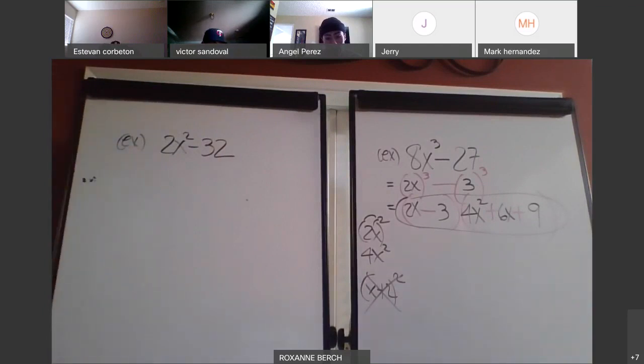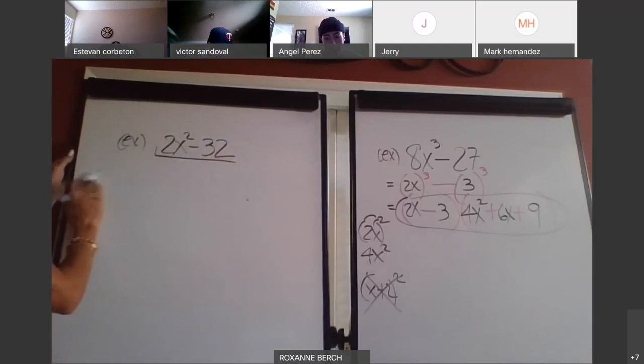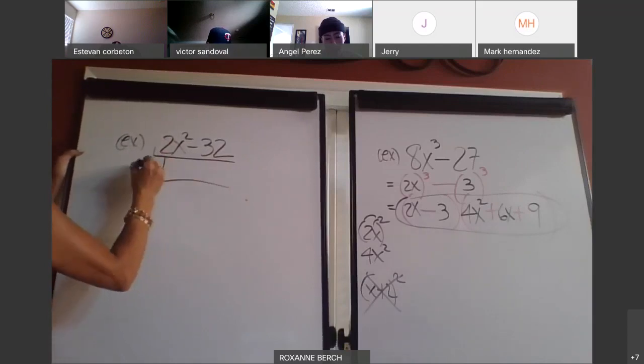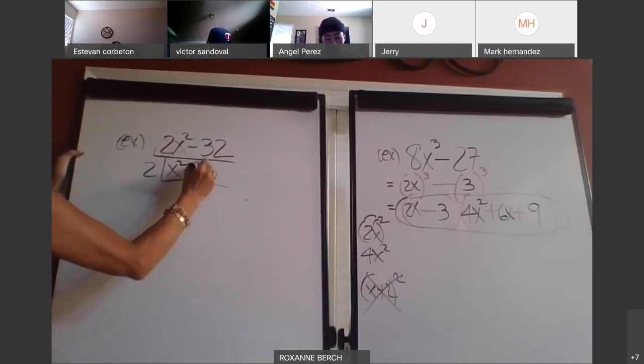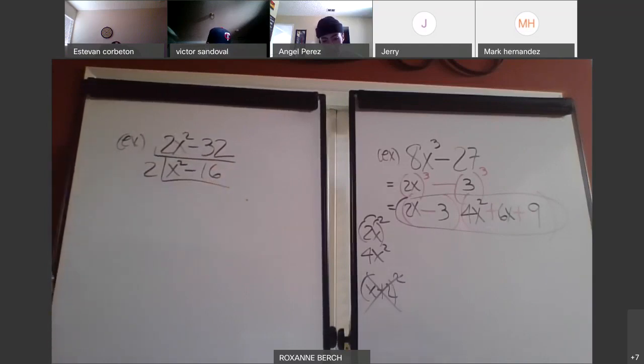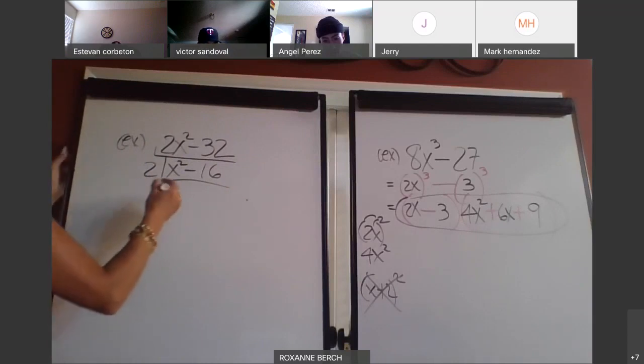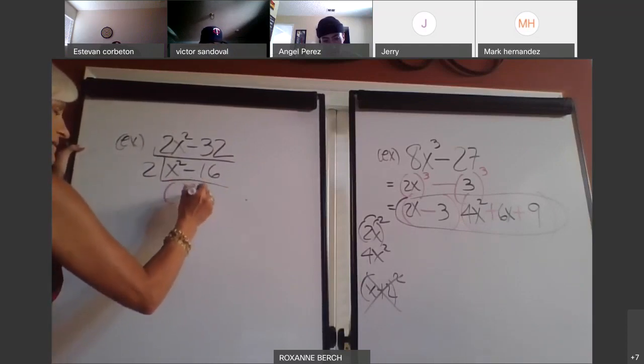So I know that looks like the difference of squares, but remember you have to do a GCF first. After you do a GCF, look what you have. You have the difference of squares. So you have to factor completely.